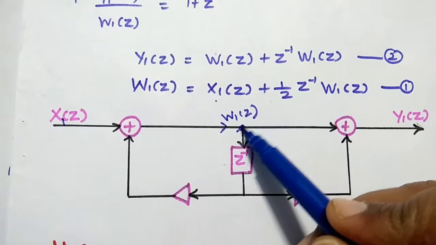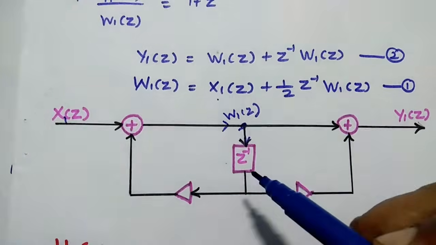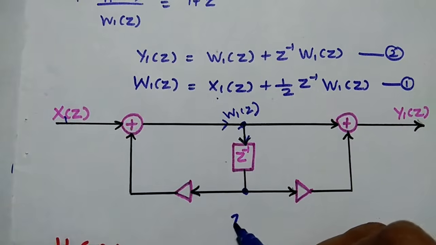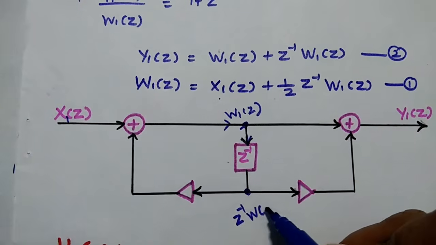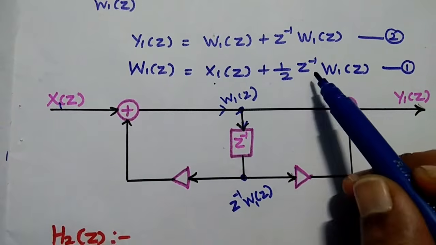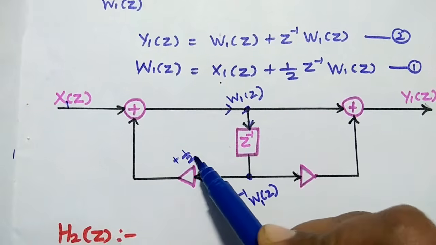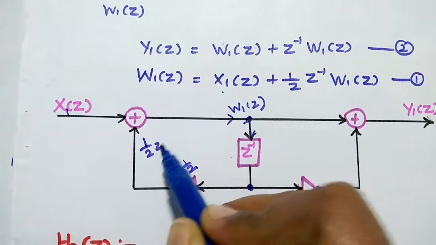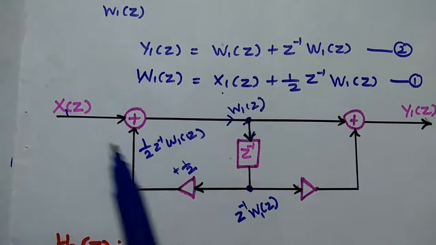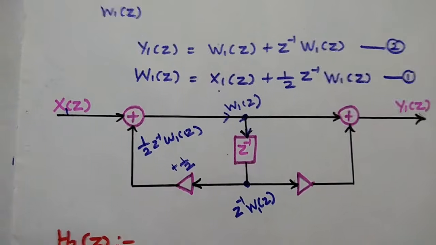So we are going to take this W1 of z and give it to this delay element z power minus 1. So here at this point we can get z power minus 1 into W1 of z. Okay, so that value is multiplied with plus 1 by 2, giving 1 by 2 z power minus 1 W1 of z. So these two are getting added to produce W1 of z. That is the first equation, right?